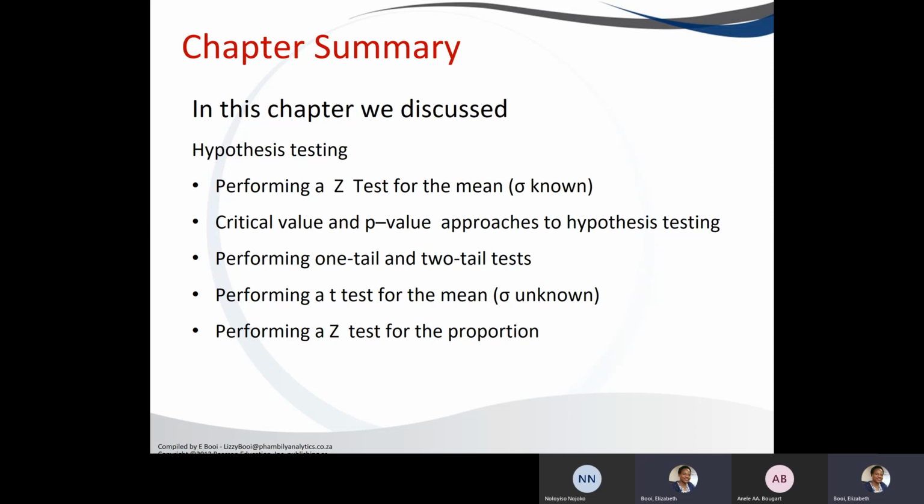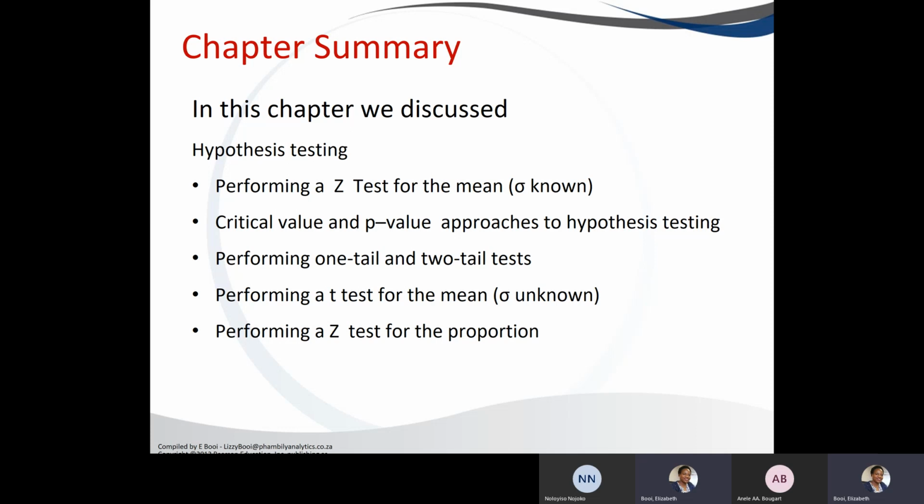Number 3, what kind of a test are you doing? A t-test or a z-test? Number 4, what is the critical value that you're going to be using? You need to find that critical value, because with that critical value, you need to be able to know where your regions of rejection are. Step number 5, you calculate your test statistic, and step number 6, you make a decision.